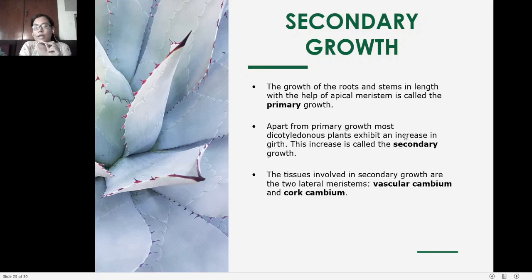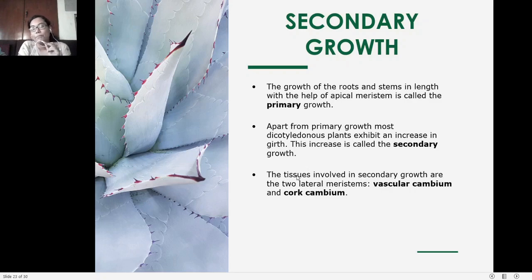So apart from primary growth, most dicot plants exhibit an increase in girth. So increase in diameter or girth of a plant is the reason behind secondary growth. So secondary growth causes increase in diameter or girth of many dicot plants.